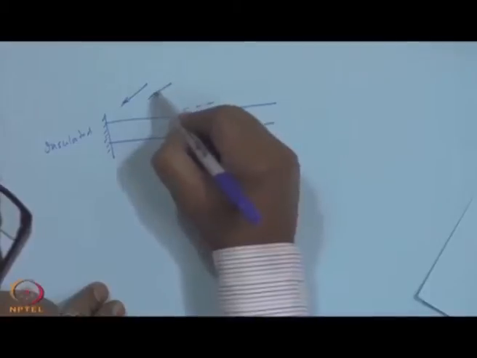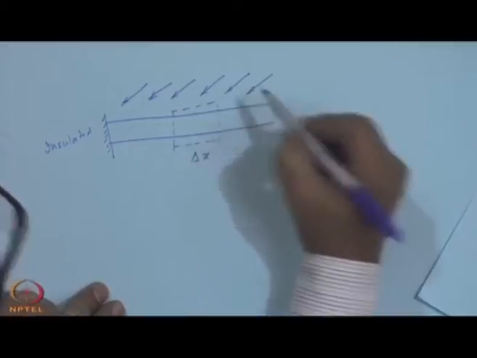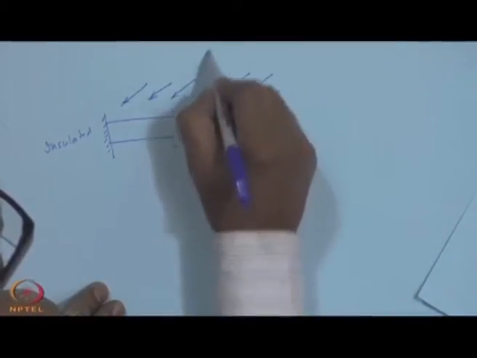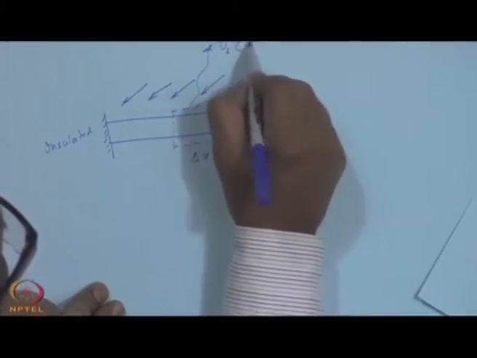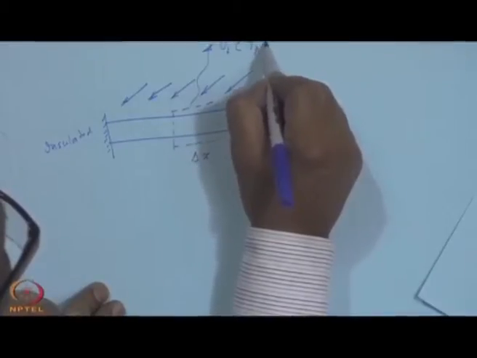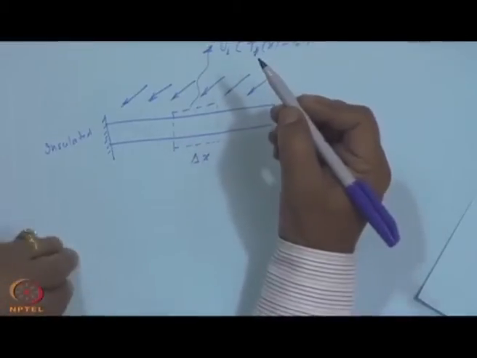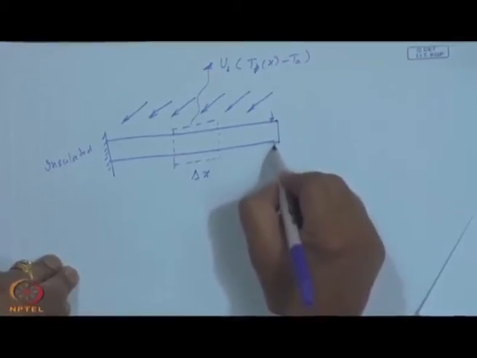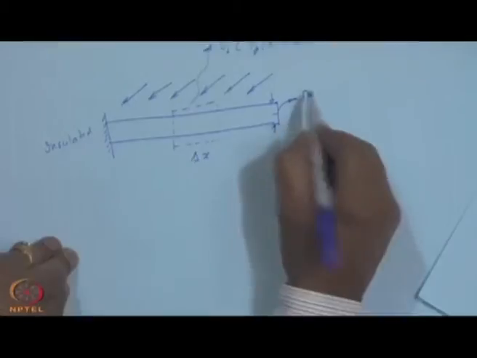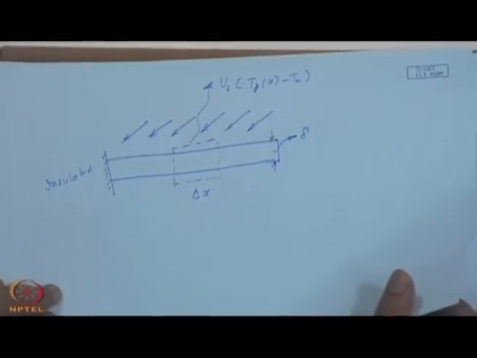In general, this is receiving the solar radiation, and it will also be losing heat by a loss coefficient times T p, a function of x, minus T a. This p is unnecessary, it is a function of x, and the thickness of this is delta, not to be confused with the declination.